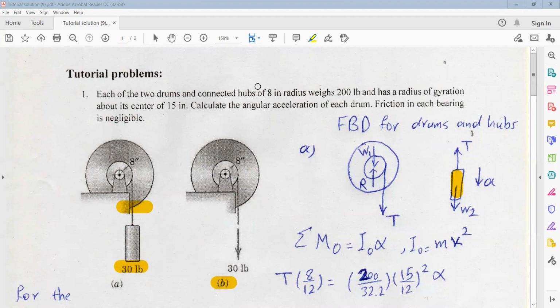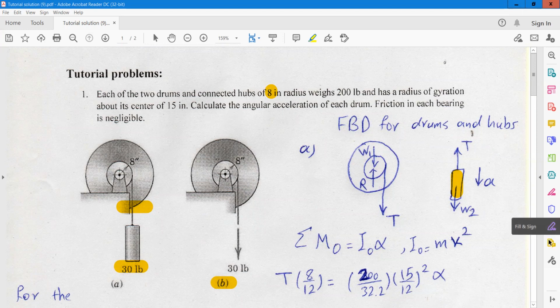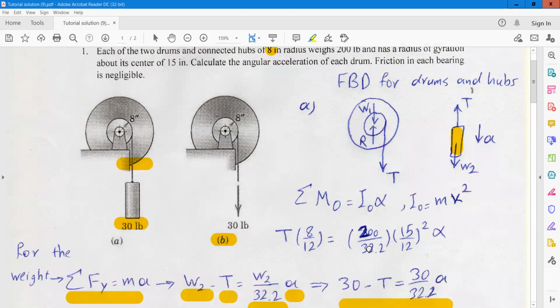But here in this example, the dimensions are in pounds and inches, the US unit system. In the exam, we don't have any inch or pound. All of the problems are in the SI unit system, in meters, kilograms and newtons, okay? So don't worry about these conversions, like 12 for inch to foot, okay?